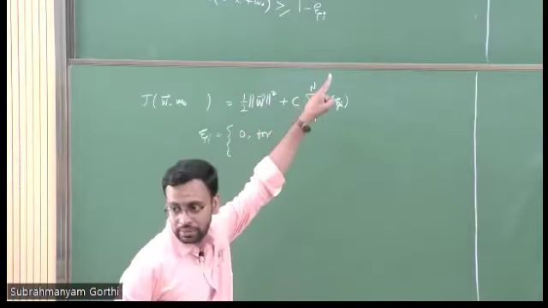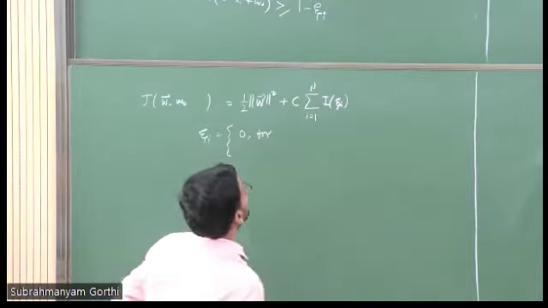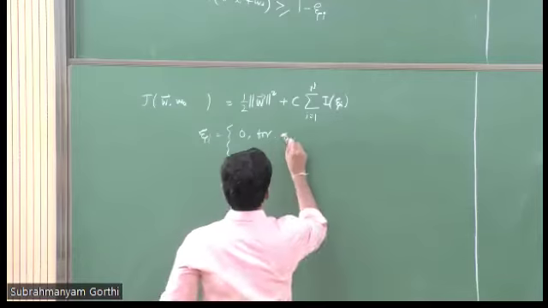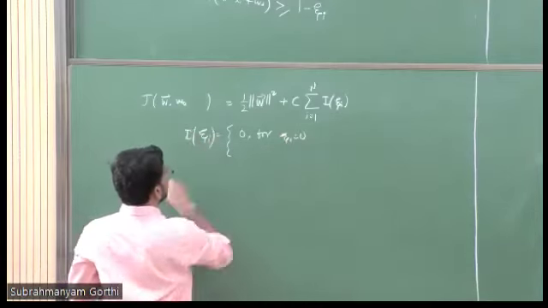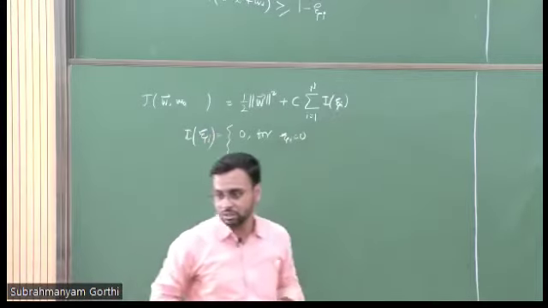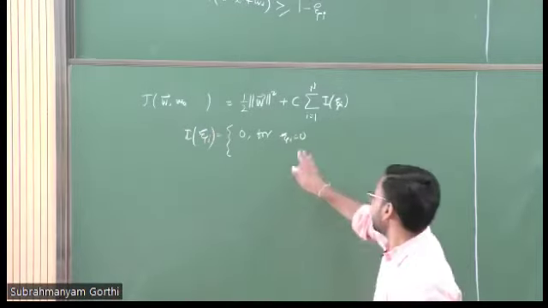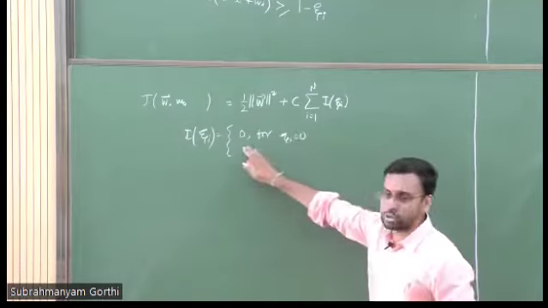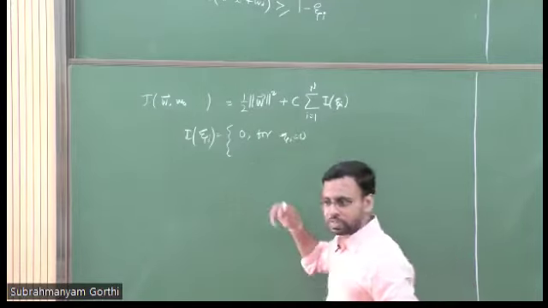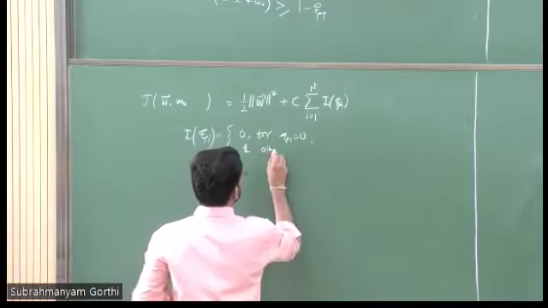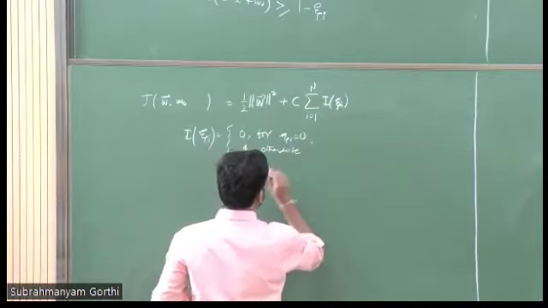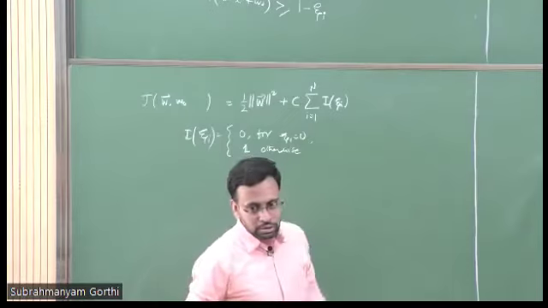So for case 1, for xi I equal to 0. Here I should write I of xi I. As long as he's outside your margins, don't penalize that guy. If he's inside, you penalize him. Okay, this is the term.